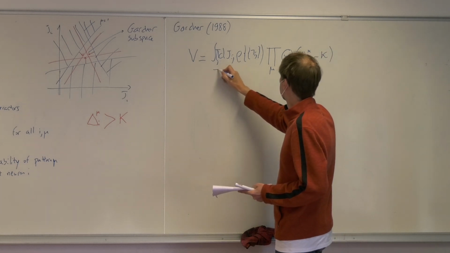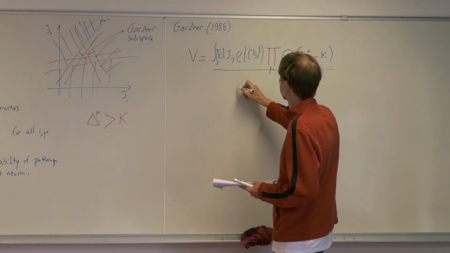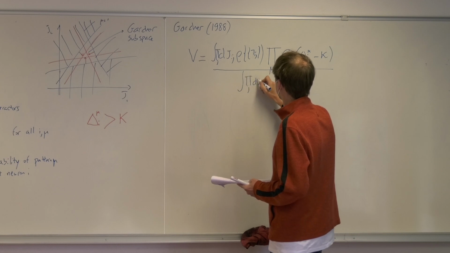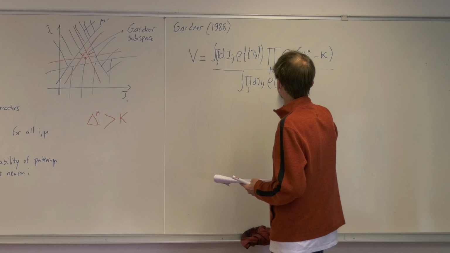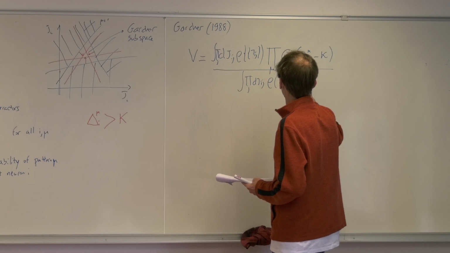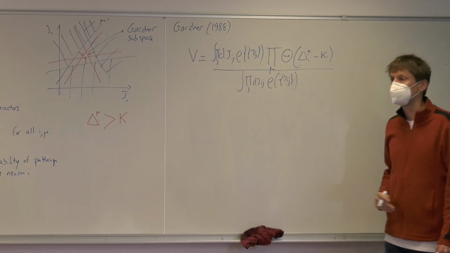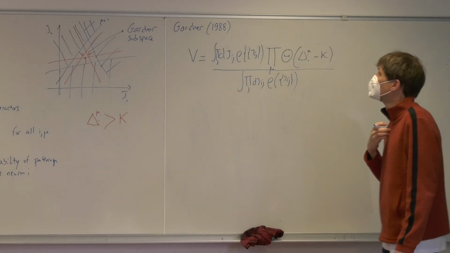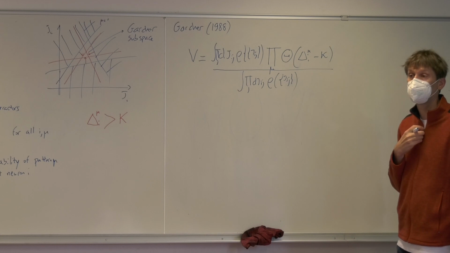And then we can compute the ratio between these. So that gives the fractional volume of the Gardner subspace, right?